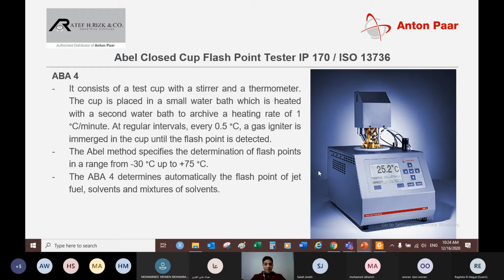However, any instrument should cover a wider range than the standard method. The idea is to use the stirrer with the Abel closed cup test. The ABA4 is an Anton Paar instrument that automatically determines the flashpoint of jet fuel, solvents, mixtures of solvents, and so on.